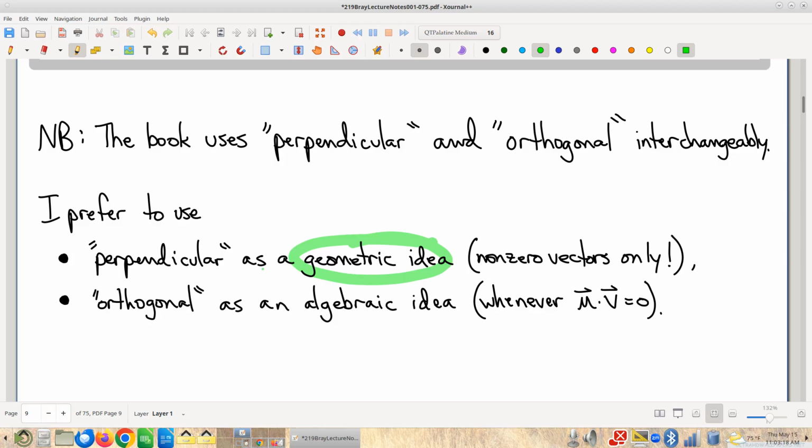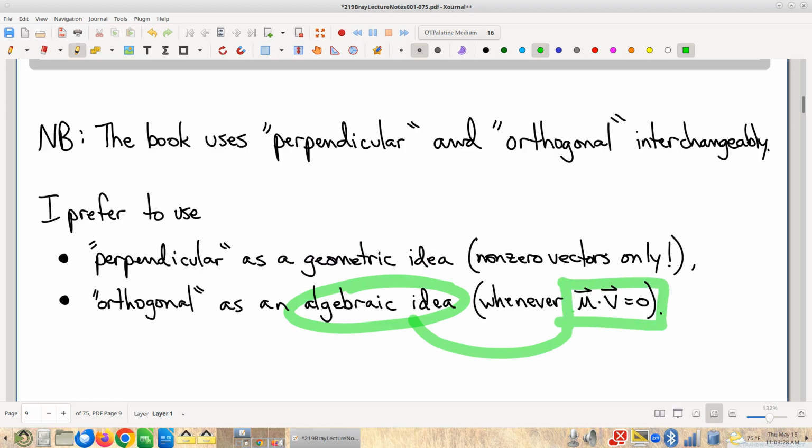Two directions having an angle between them that is a right angle. Purely geometric. On the other hand, there is this purely algebraic idea where the dot product is zero. The dot product is an algebraic construction. Equals is an algebraic concept. Zero is an algebraic object.